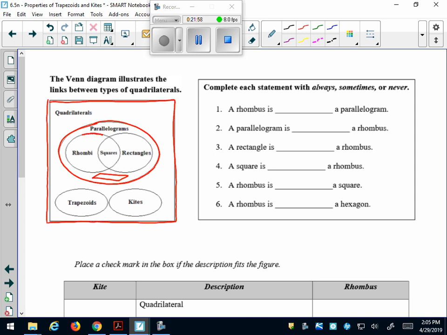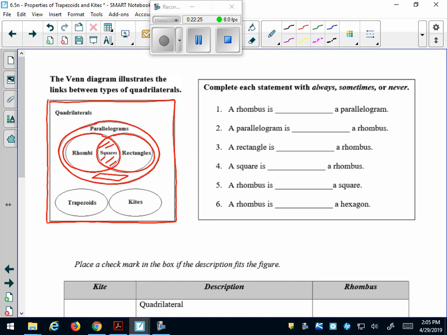Remember that if there's a shape that is considered a rhombus and a rectangle, that shape is a square. So the overlap here is where rhombuses and rectangles come together as a square. Trapezoids and kites are now what we added into these categories. Notice that they don't intersect at all.